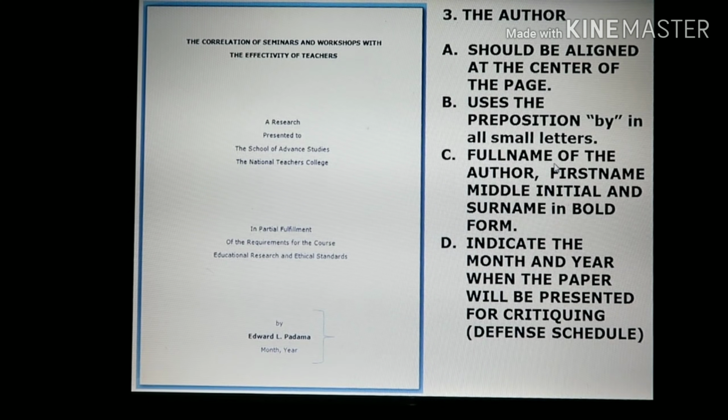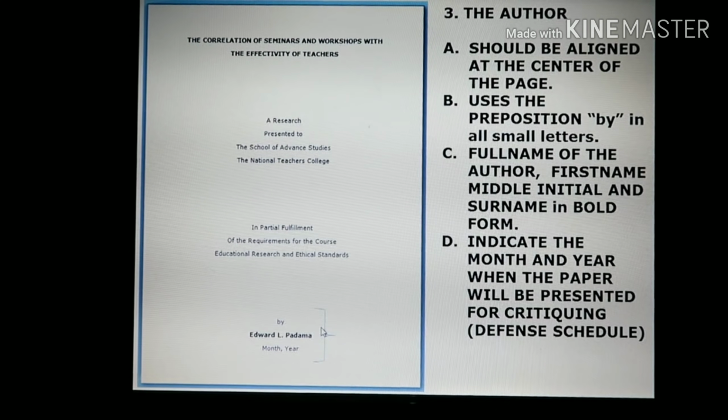Letter C, full name of the author, meaning the first name should come in first, the middle initial, not the middle name, and the surname, in bold form but not in all caps. Letter D, indicate the month and the year when the paper will be presented for critiquing or for defense schedule. So that is the last part, which is the author.